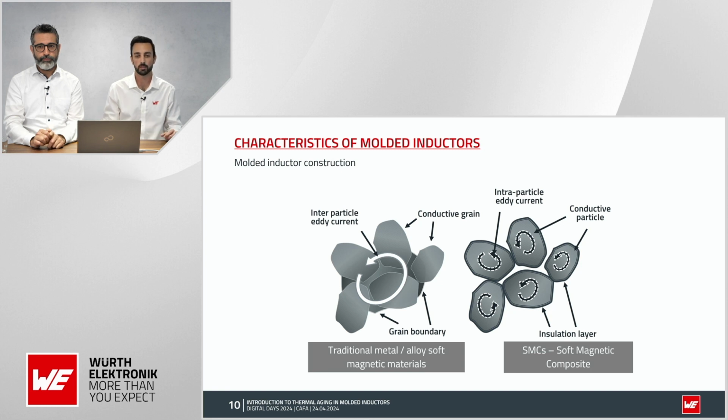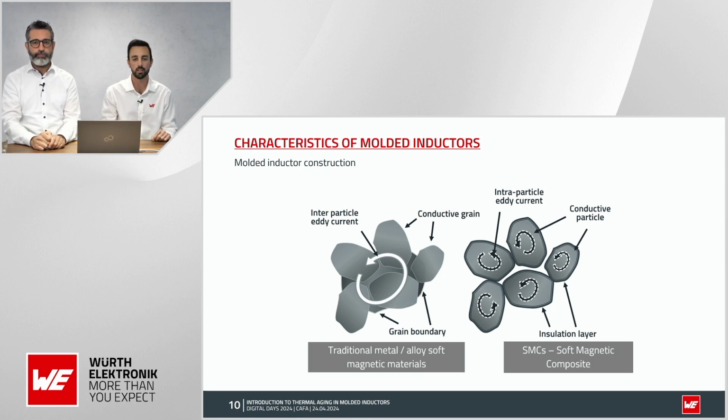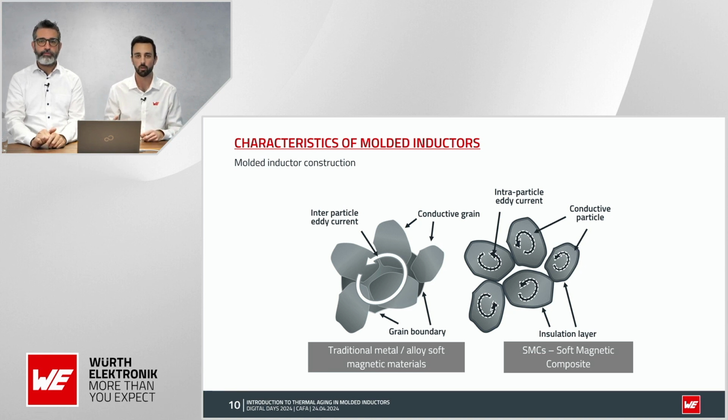For these currents to be established inside the material, it must be conductive. And in the case of ferrite, they have very high bulk resistivity, so we don't face this problem. In the case of iron alloy cores, iron alloy is naturally conductive, independently of the kind of alloy we use.